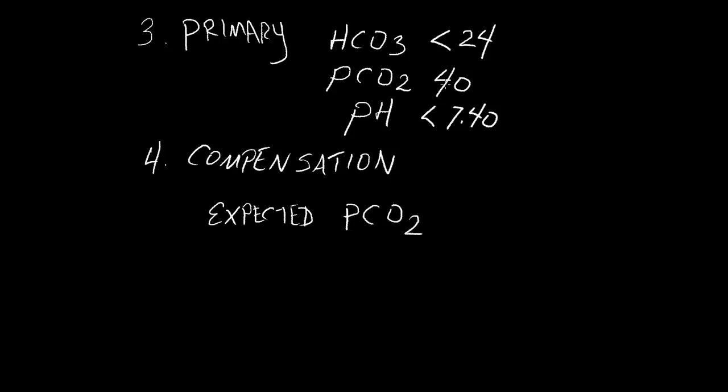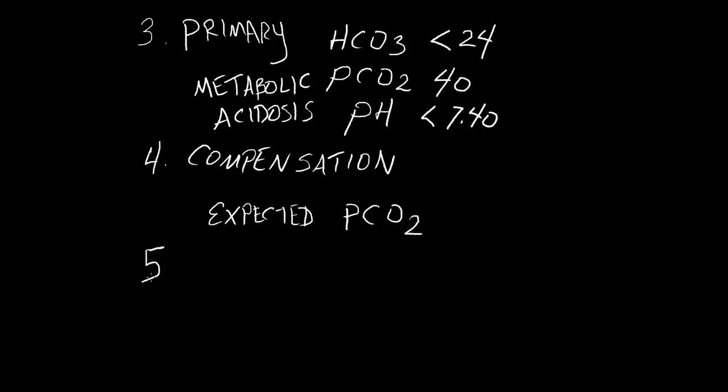Because if you have a metabolic acidosis, you're going to need to change your PCO2 so you can get rid of acid. So our expected PCO2 is calculated by a compensation formula. And we will go into the compensation formulas in another talk.